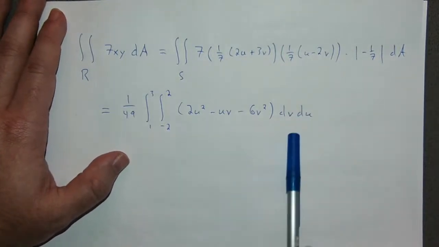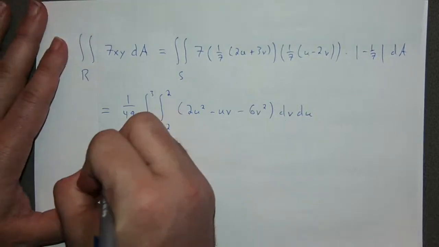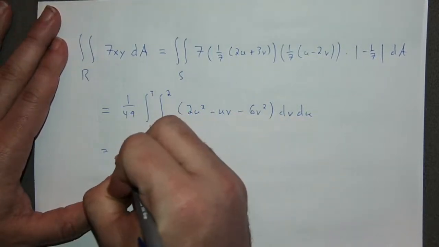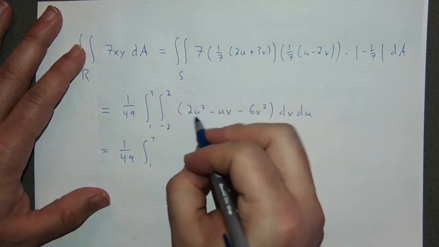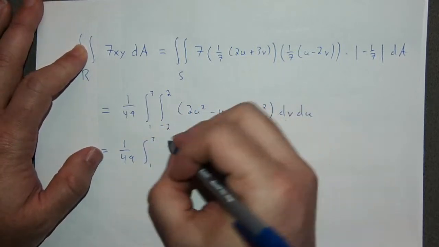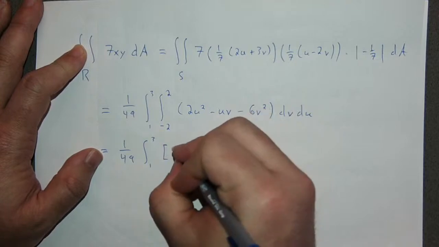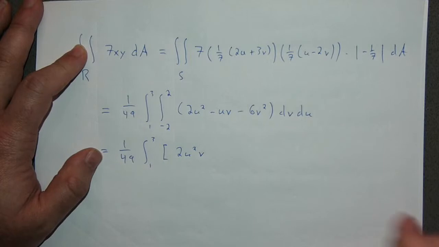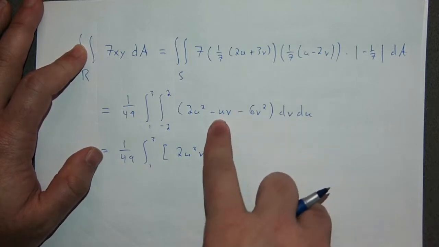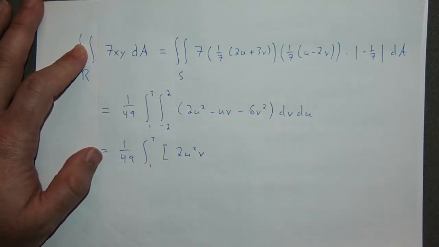Okay, so let's do this integral with respect to v first. So this is 1 over 49 times the integral from 1 to 3 of, this term doesn't depend on v, so this is just 2u squared v. What is the integral with respect to v of minus uv?